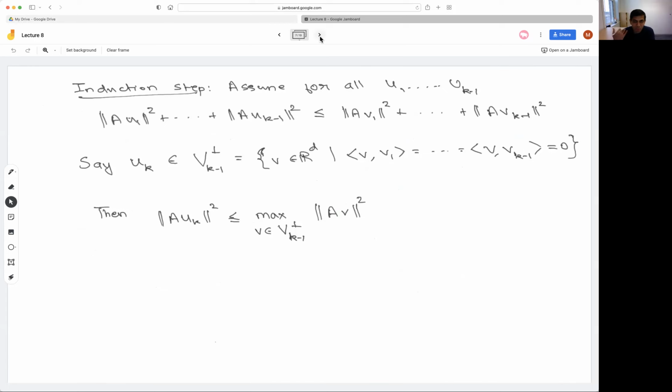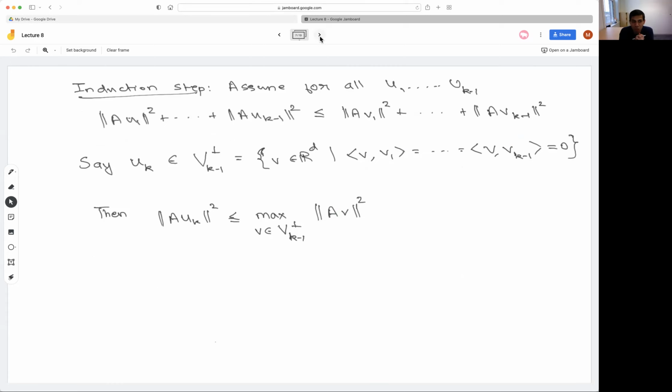Continuing the proof, let's assume for our induction hypothesis the claim that V1 to Vk minus 1 maximize the sum, namely, the norm of A U1 squared plus A U2 squared all the way up to A U(k minus 1) squared is dominated by A V1 squared all the way up to A V(k minus 1) squared, for all U1 to U(k minus 1).